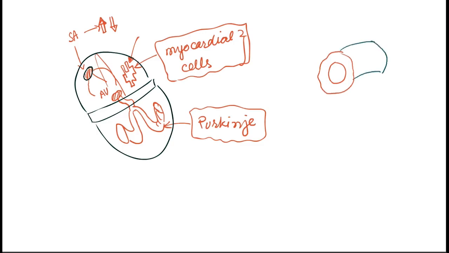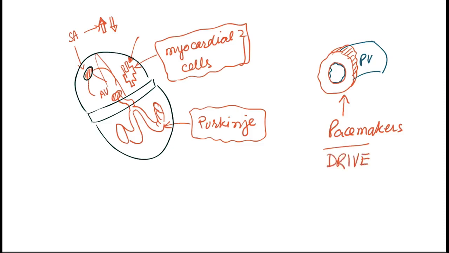So if this is a pulmonary vein and if it opens here, there is a sleeve of myocardial cells around that, and when these cells become abnormal and they become pacemakers, these cells are called drivers.